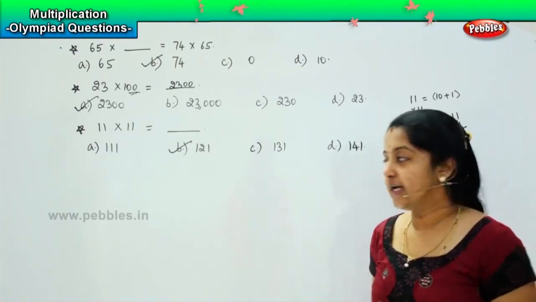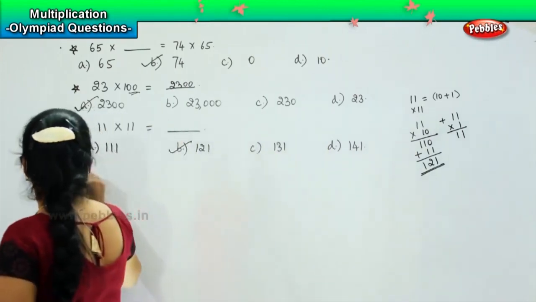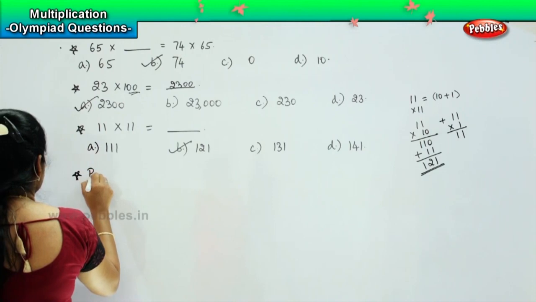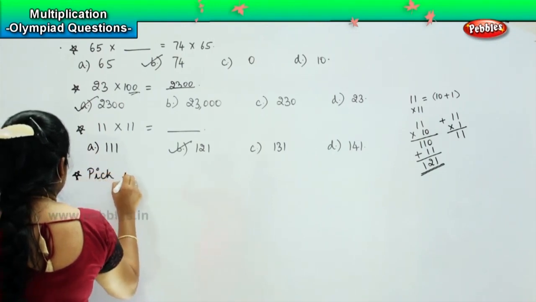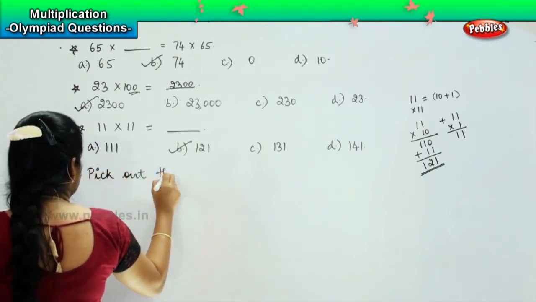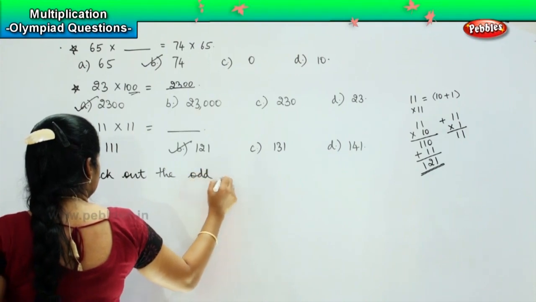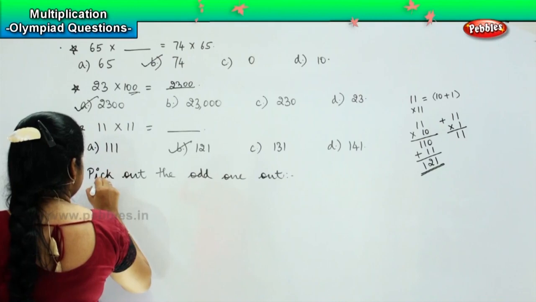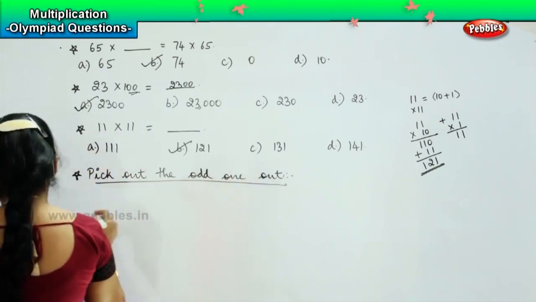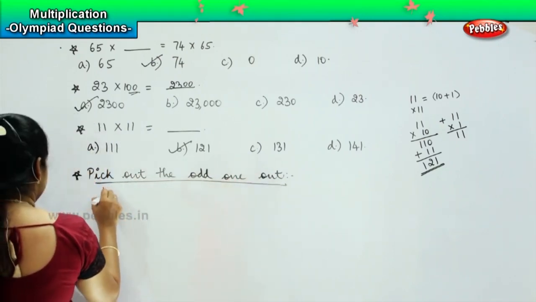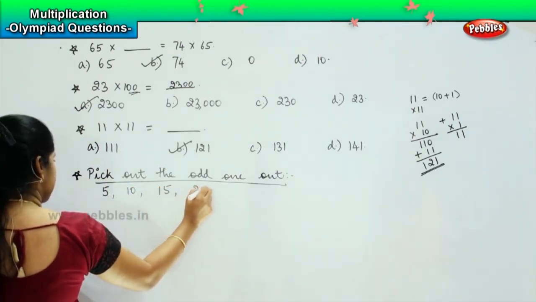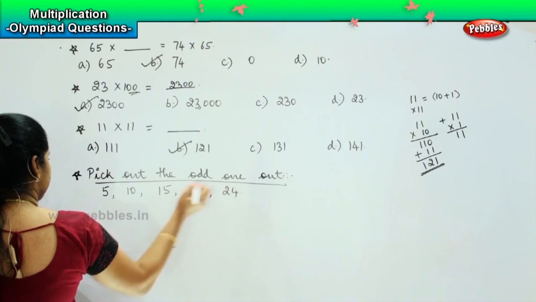Okay. So here is your next question. The question says, pick out the odd one out. And the numbers are 5, 10, 15, 20, 24.